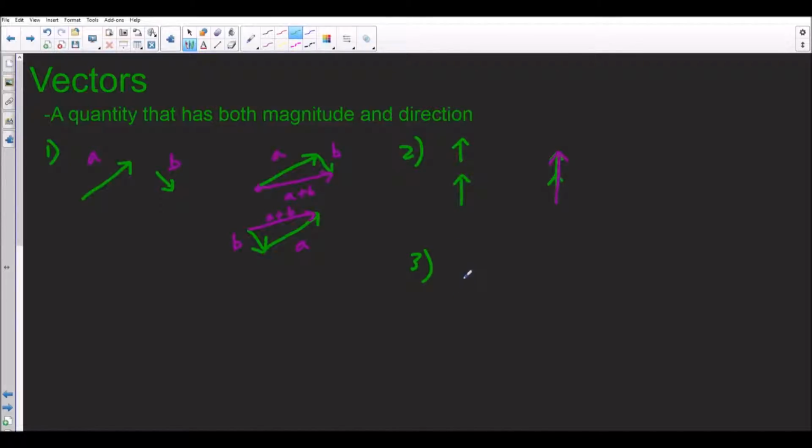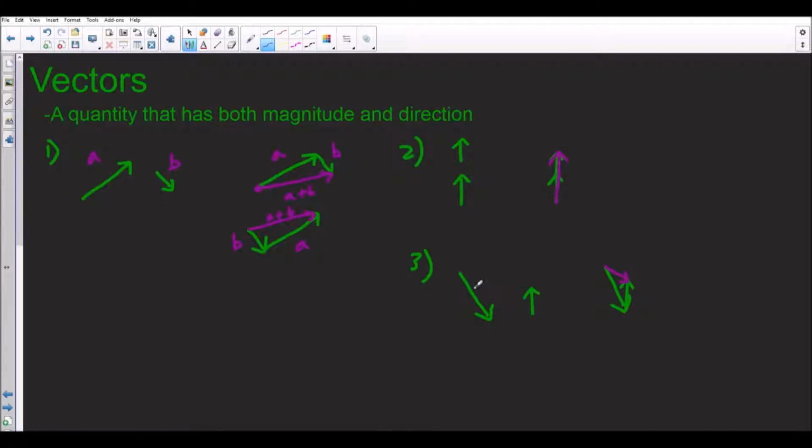We could go down like that and then up like this. So what we could do is draw them tail to tip. So we're going to draw it like this. There's the tip, and then we're going to have the tail of the other one. So our total displacement then is going to be this. That's going to be our total displacement.